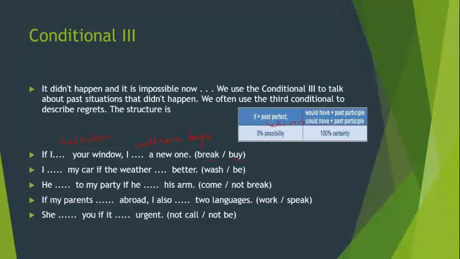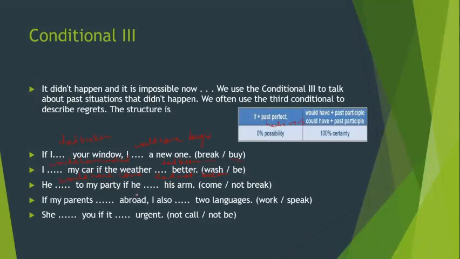Now the next: I would have washed my car if the weather had been better. Third: he would have come to my party if he had not broken his arm.